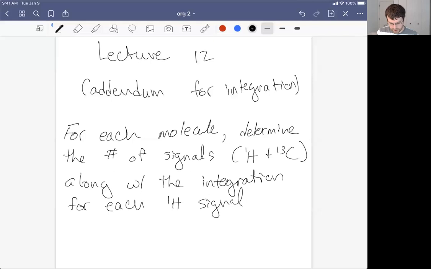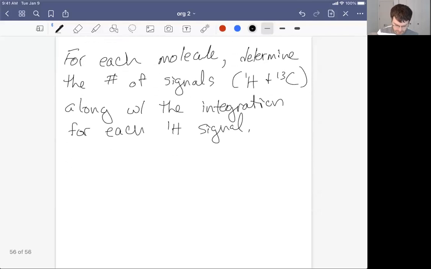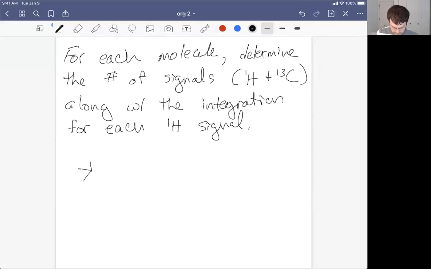Okay, so if we had a few examples, just so you can see the format, we'll do the one that we did in the last lecture.